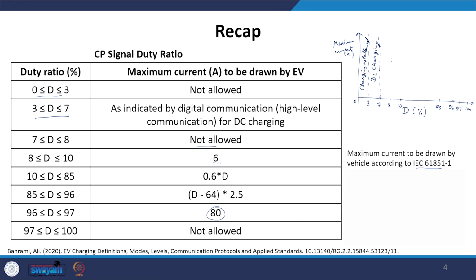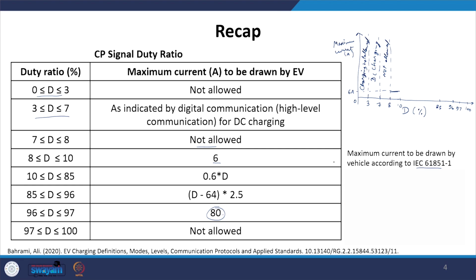After that, from 7 to 8%, again charging is not allowed. And from 8 to 10, if you look very carefully, it is just the 6 ampere.